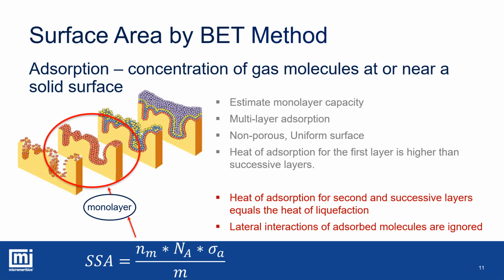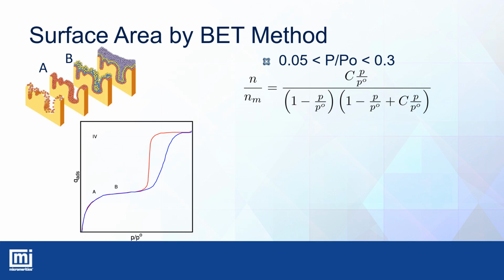Looking back at the adsorption diagram, this area between A and B is where our monolayer capacity will be found. Again, the monolayer capacity is when a single layer of molecules is adsorbed to the surface, and this corresponds to this region of the isotherm between A and B. When we take that region and use the BET calculation, C is the BET constant, which describes the affinity of the gas molecules to the surface of the material.